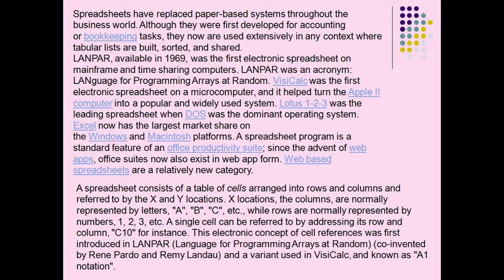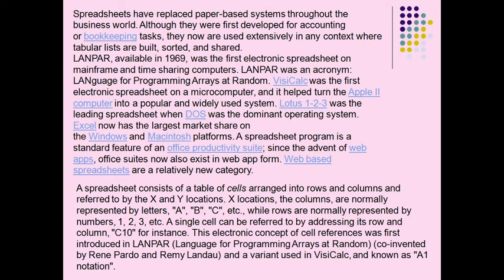LANPAR was an acronym: language for programming arrays at random. Next is VisiCalc. VisiCalc was the first electronic spreadsheet on a microcomputer and it helped turn the Apple II computer into a popular and widely used system.